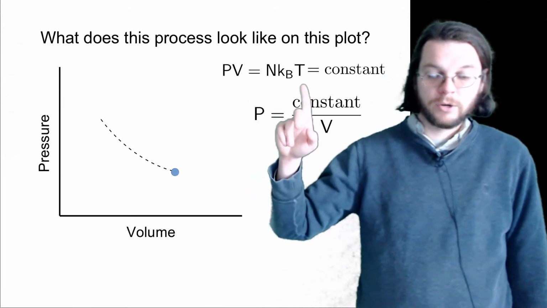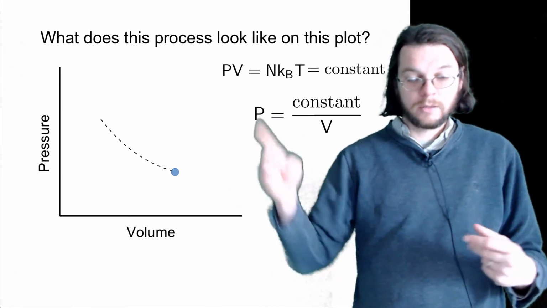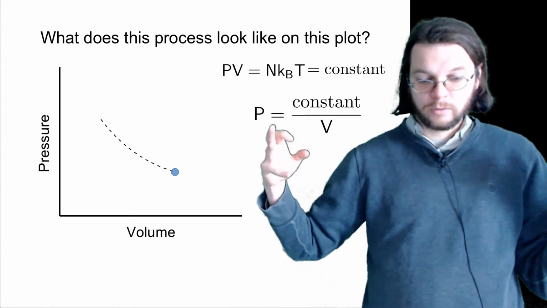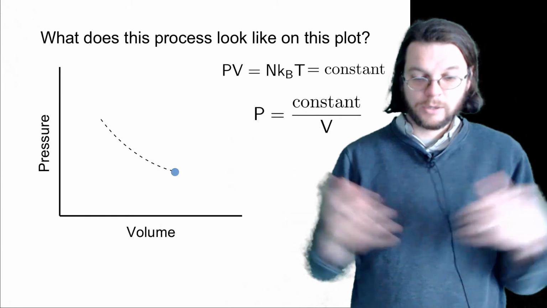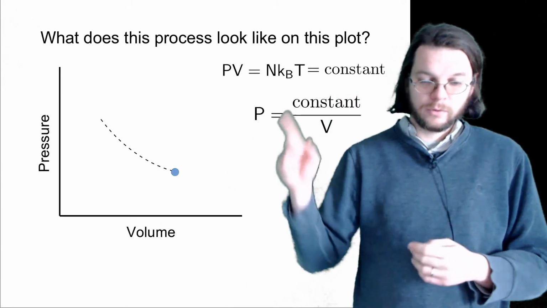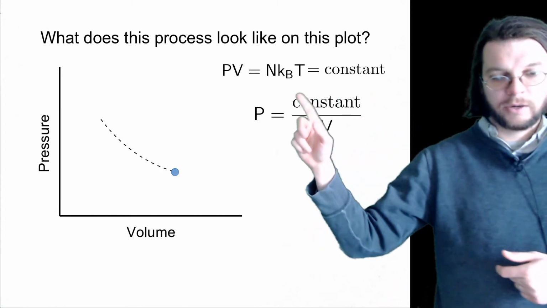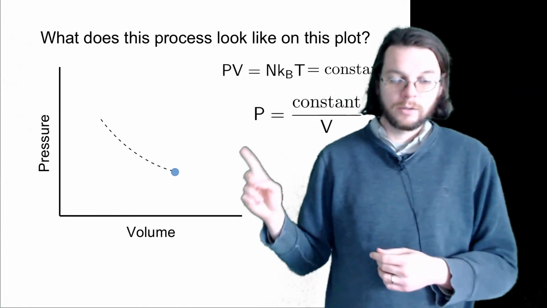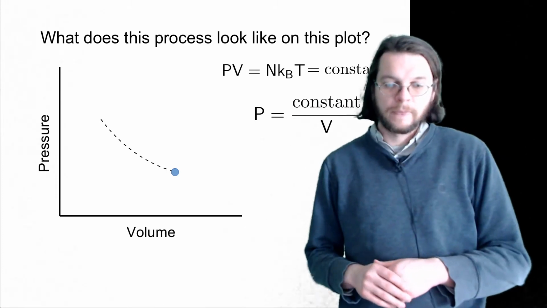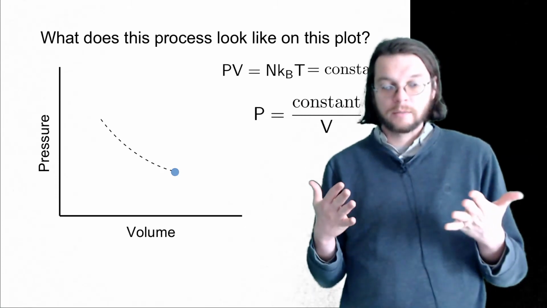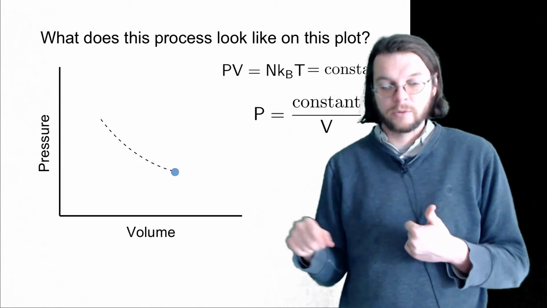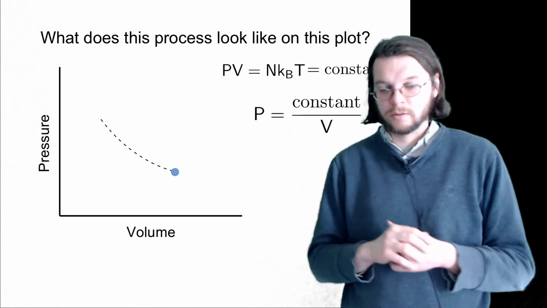In this version, because it's a sealed container, the number of particles is the same, but the volume that those particles exist in is changing because we're compressing this thing down. If you figure that this is equal to a constant, because the temperature is constant, then this gives you a curve that goes as 1 over V. If you wanted to plot this on your calculator, you would do y equals 1 over x to get this kind of a curve.